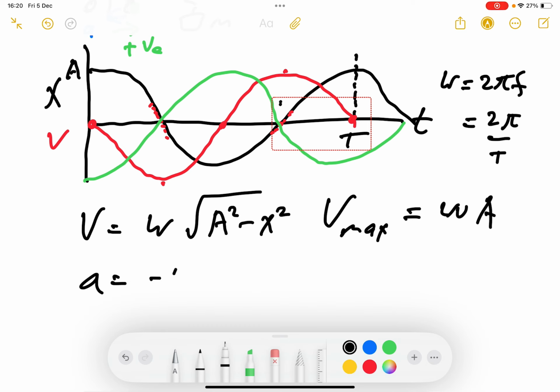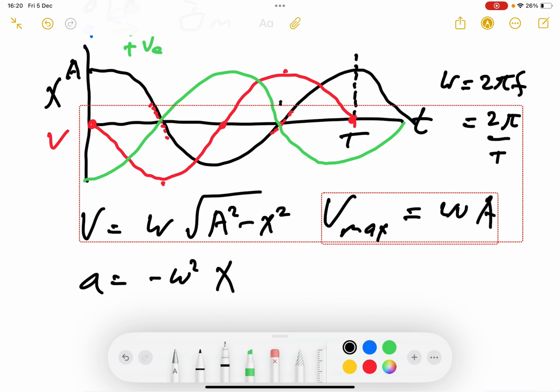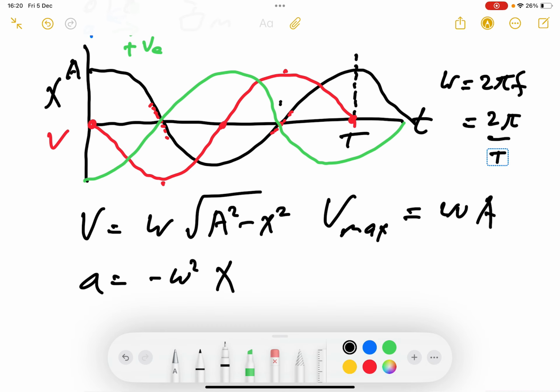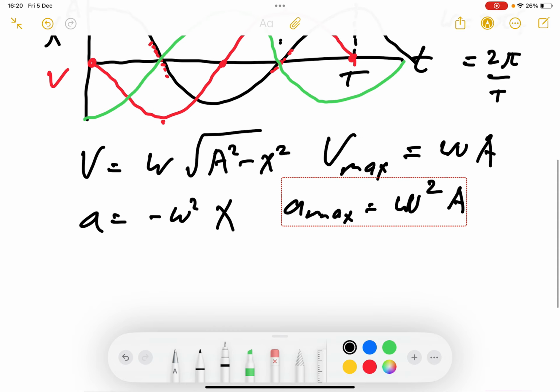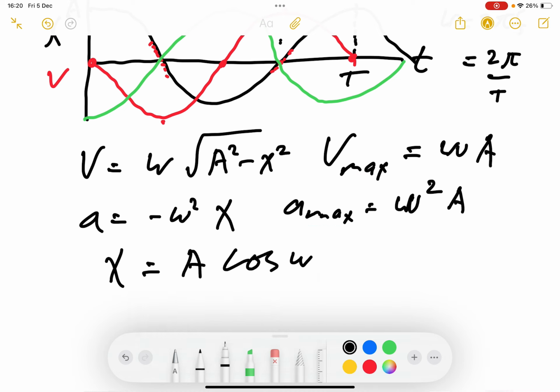a equals minus omega squared x, and again you can see a is in the opposite direction to displacement because of the minus sign. Omega is the same value, and then a max is equal to, we can ignore the minus sign now because we just want the greatest magnitude, omega squared A, because the biggest possible value of x is A. And then finally I have the slightly more challenging x equals A cos omega t.